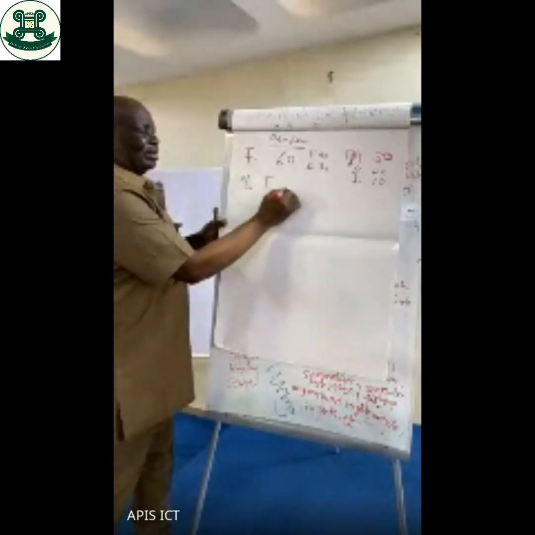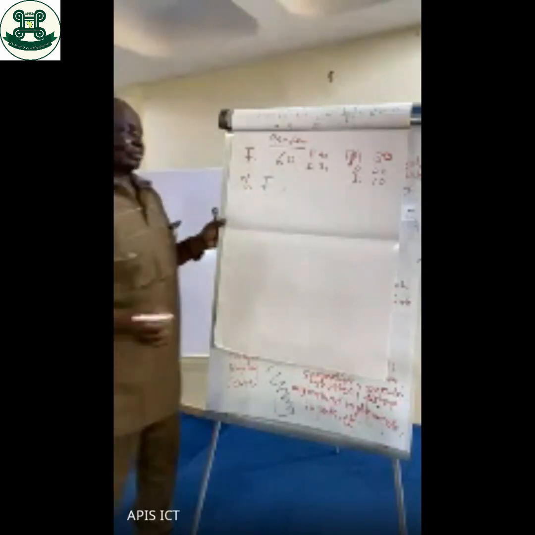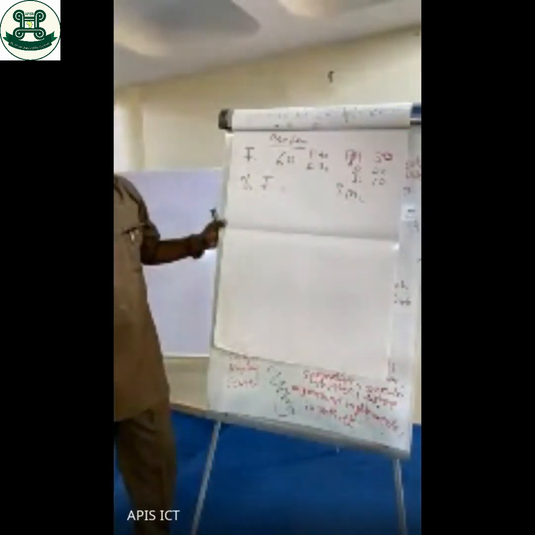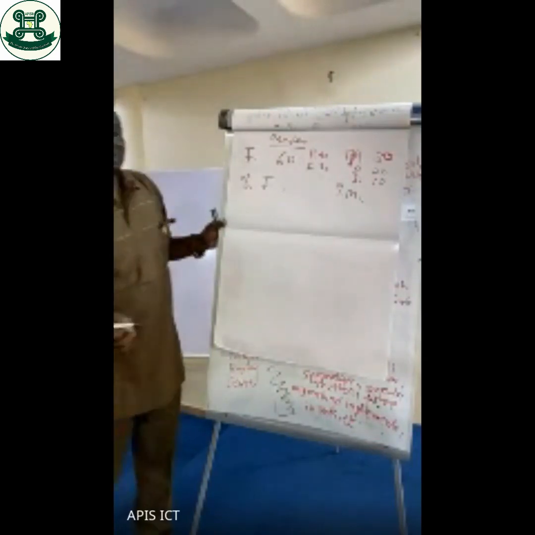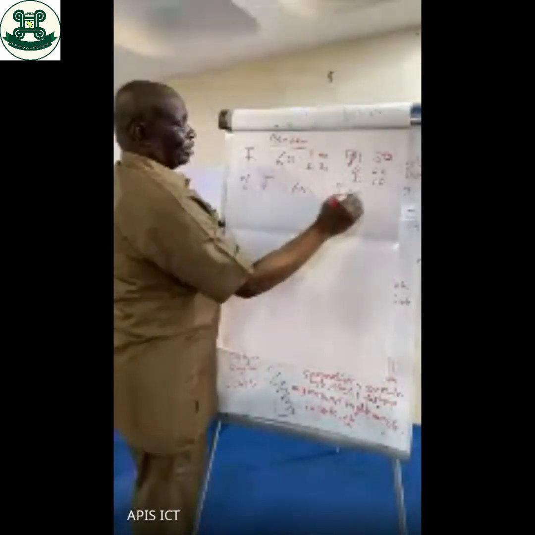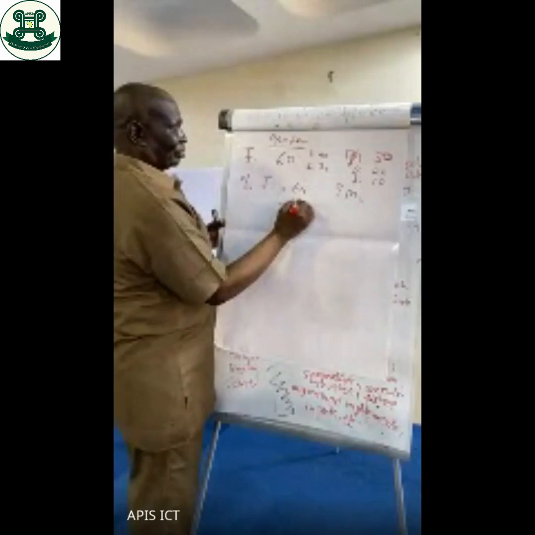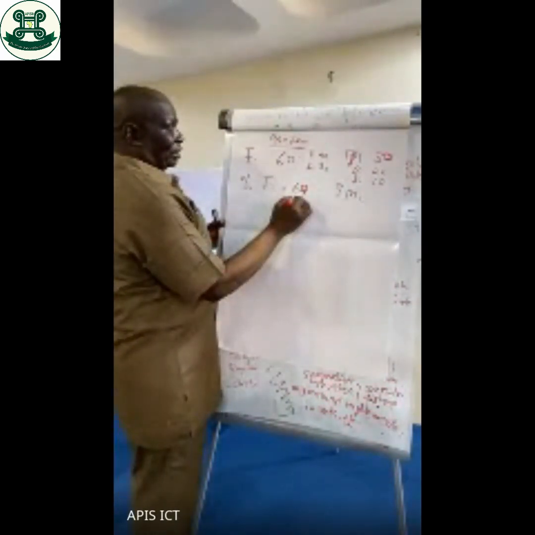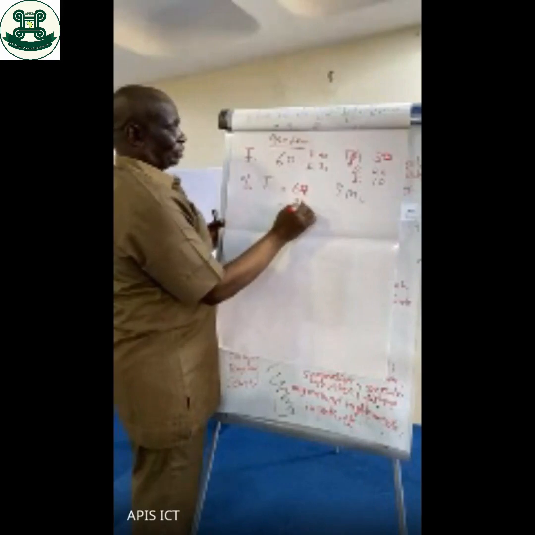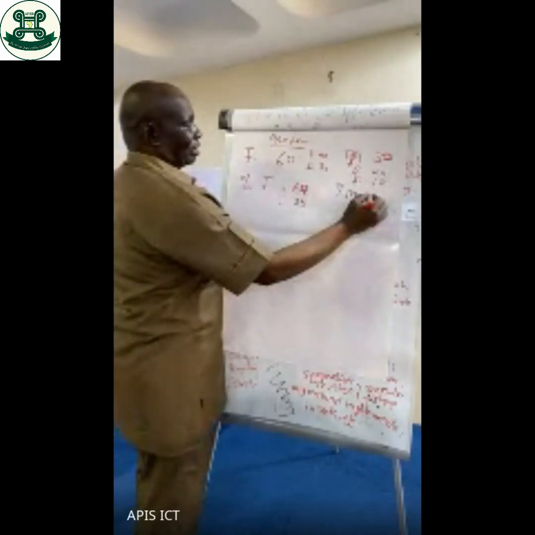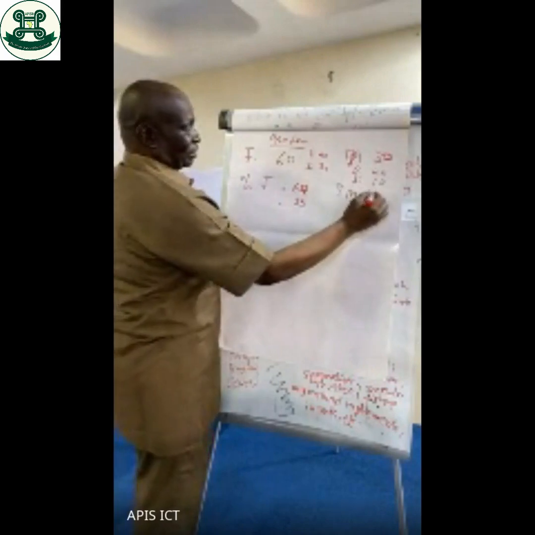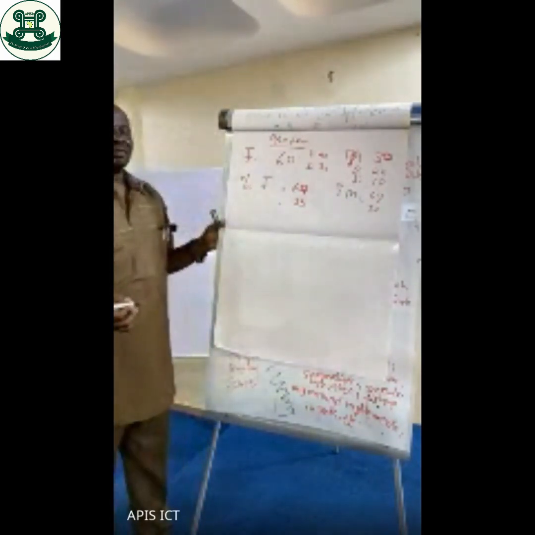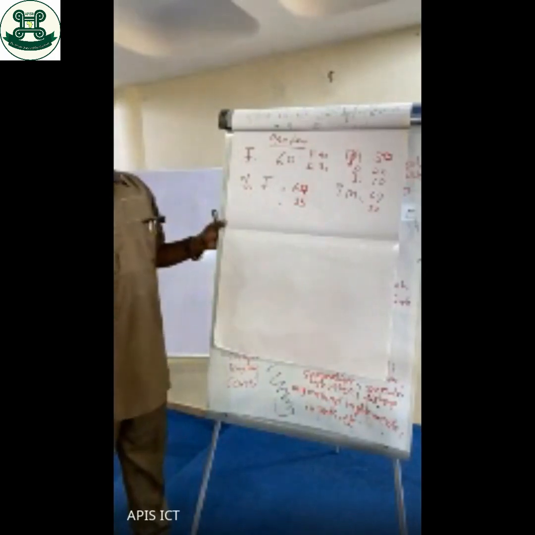For female, calculate it: 40 out of 60 is 66.7, so 67 percent pass, and 33 percent fail. Now, what of the male? It is also 67 percent. Yes, that is correct.